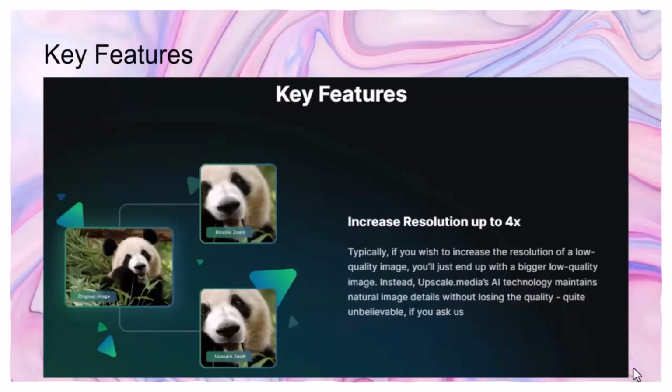The key features of the program: it increases the resolution up to 4x or 4 times. Typically, if you wish to increase the resolution of a low quality image, you'll just end up with a bigger low quality image. Instead, Upscale Media's AI technology maintains natural image details without losing the quality.